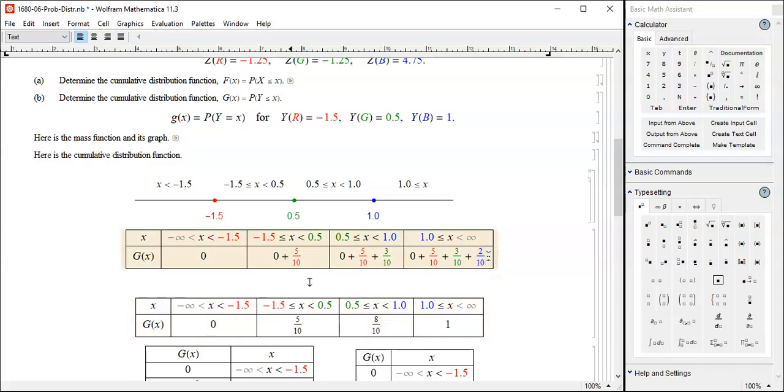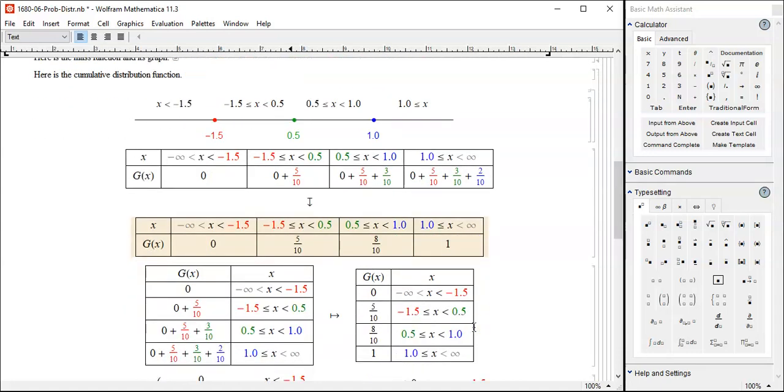So this addition yields that. Or if you prefer vertical tabular form, it's here. And all those intervals are here. And then just add up, add up, add up, add up, and we end up with these probabilities.